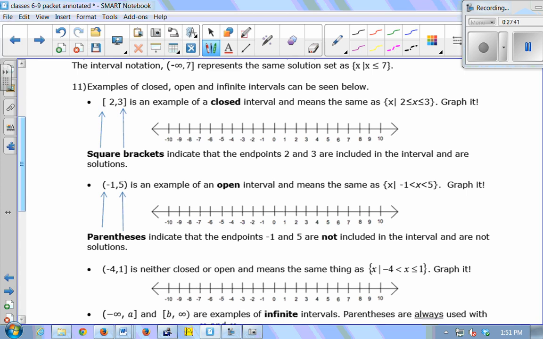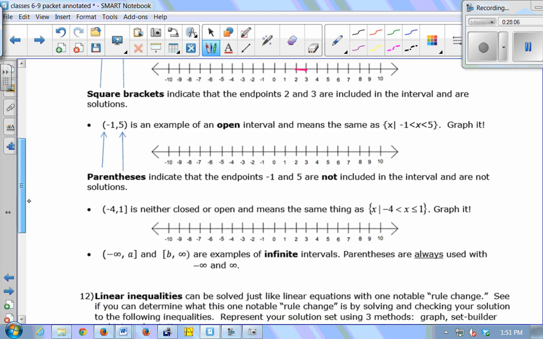So if I were to graph it, it would be closed dots on 2 and 3, and the shaded in between. So the square bracket, yes, or equal to. Yep. So it means the same thing as the set of all x, such that 2 is less than or equal to x is less than or equal to 3.